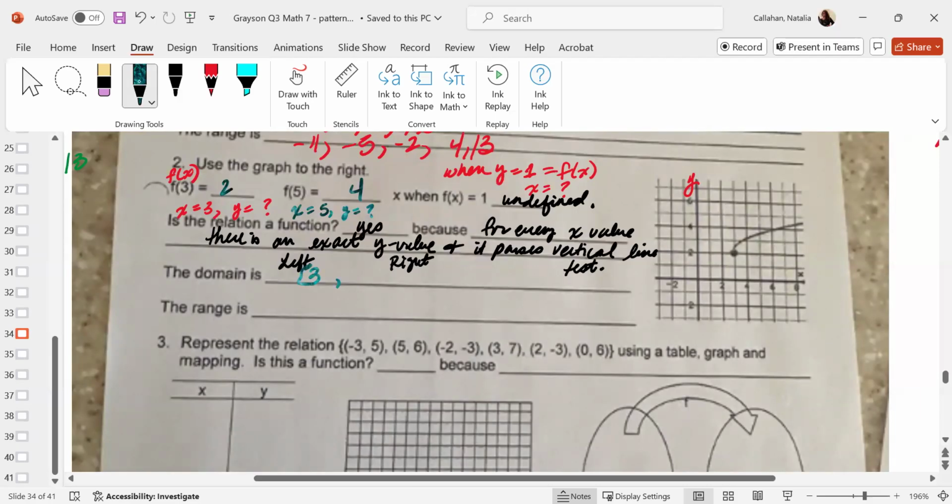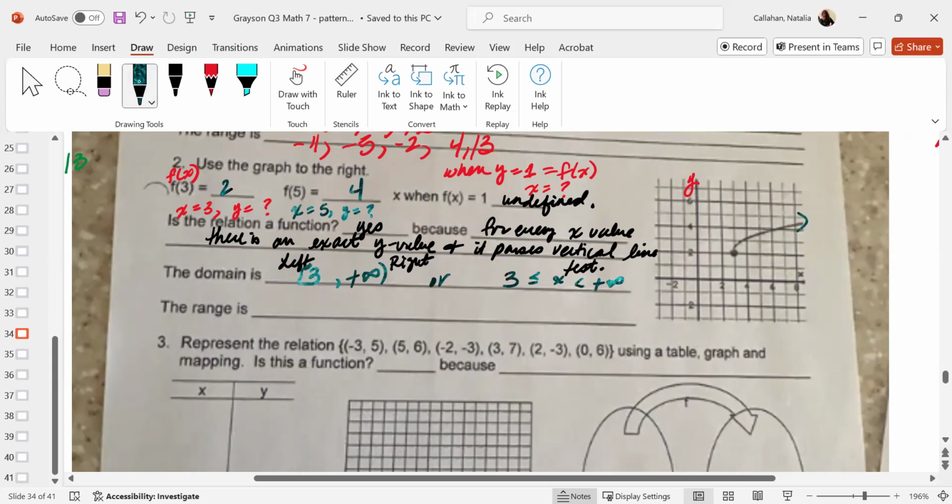Bracket. Did it ever stop on the right side? No. Positive infinity. But notice, with an infinity, there's no equal sign. Do you see that?